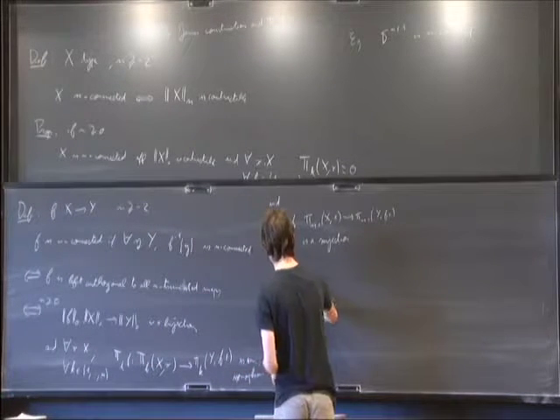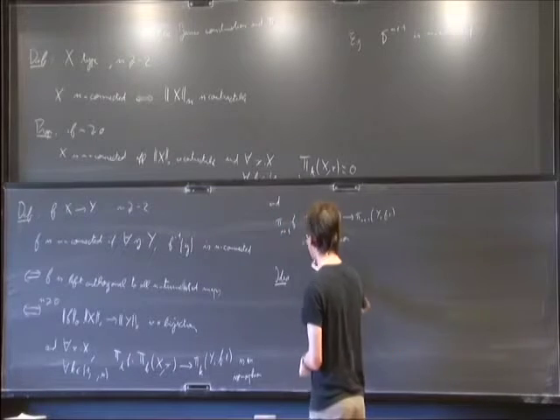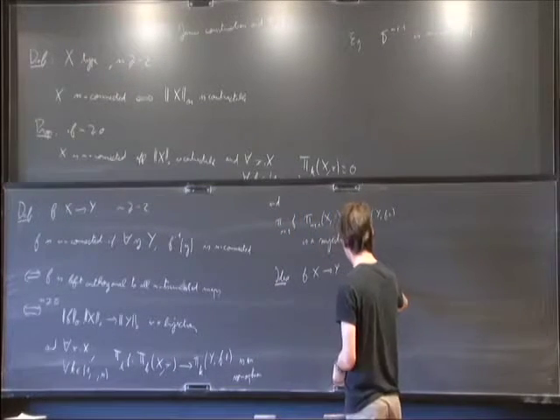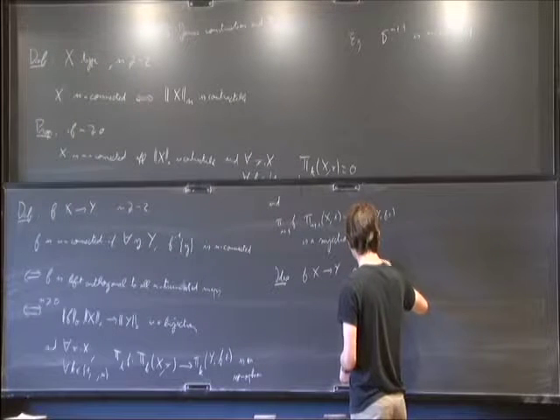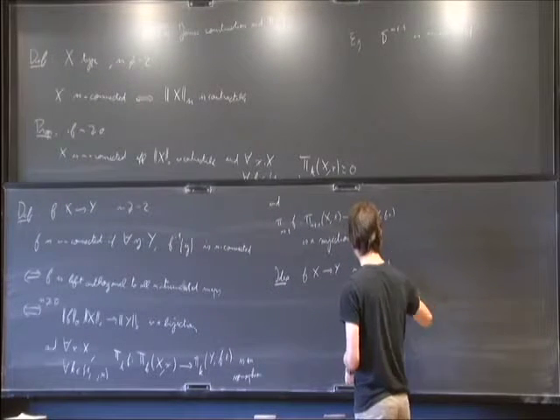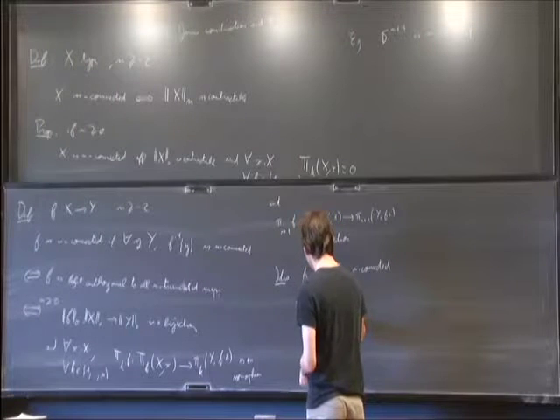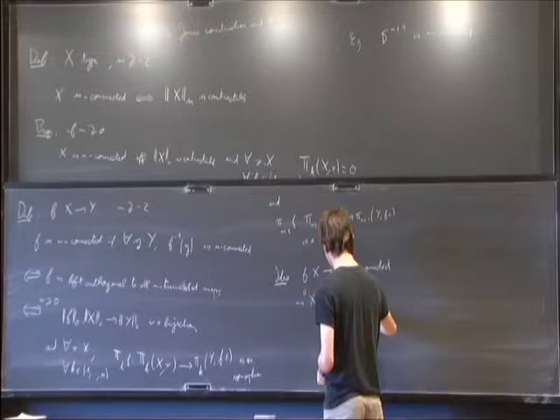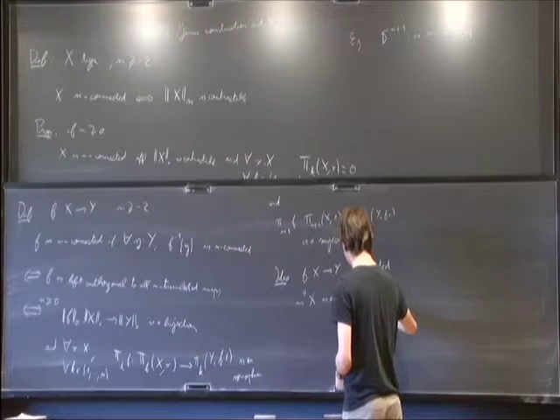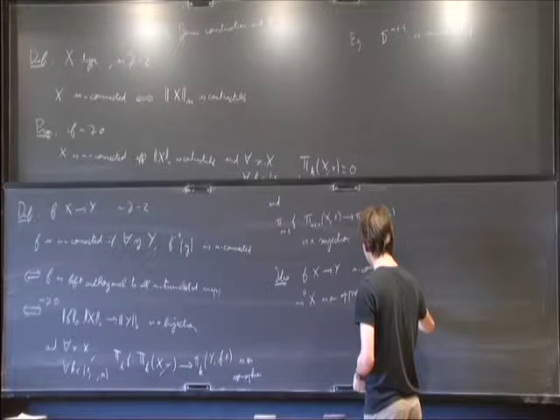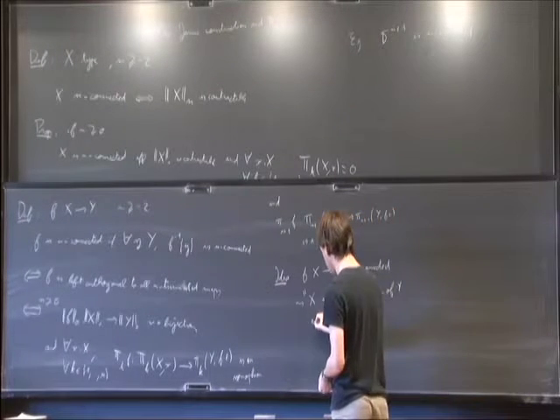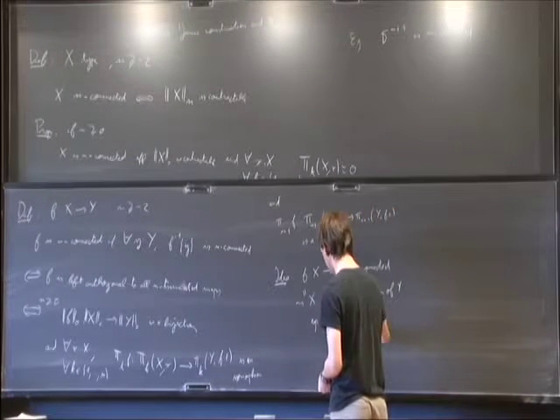The vague idea that you should remember is that if you have a map from X to Y which is n-connected, then in some sense X is an approximation of Y up to dimension n.